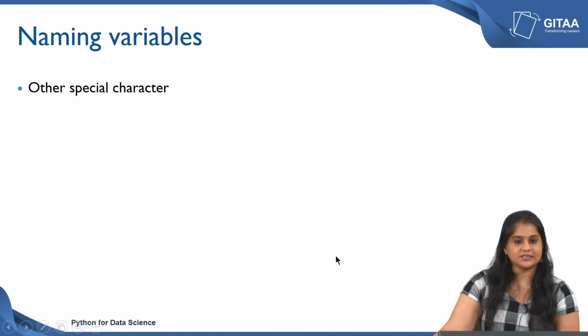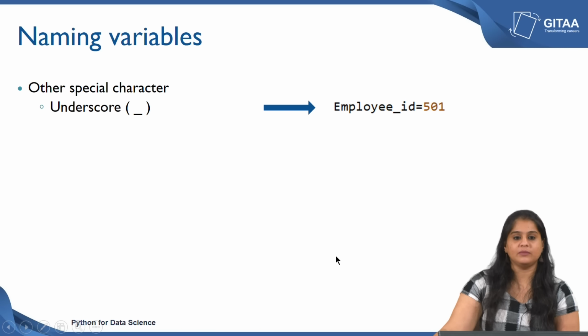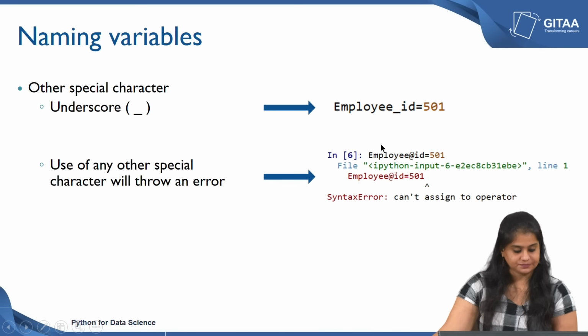The only other special character that is allowed while naming a variable is underscore. Let us say I want to create a variable that conveys the employee ID, then I can separate the employee and ID with an underscore. Underscore is the only other special character that is allowed. If you use any of the other special characters, you will get an error that says can't assign to the operator.